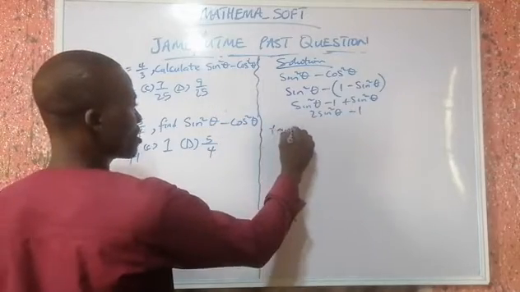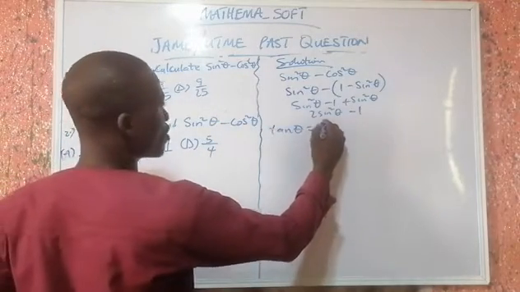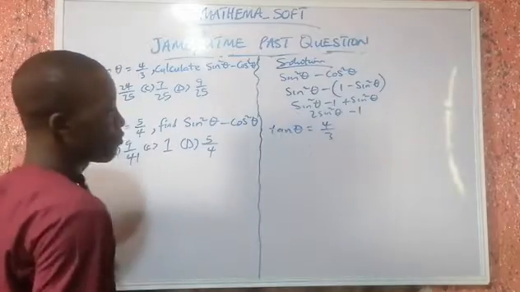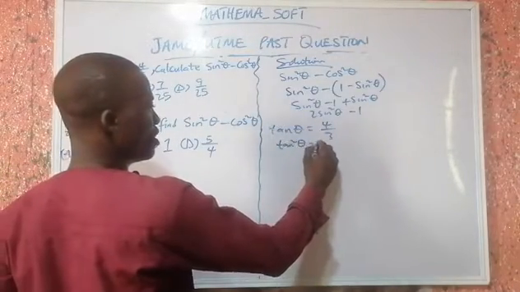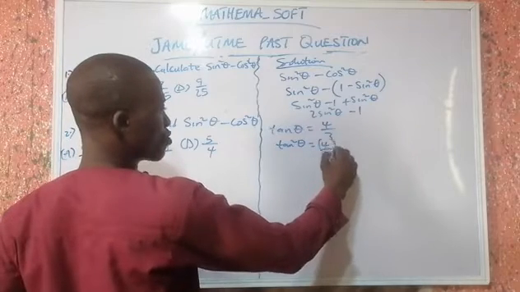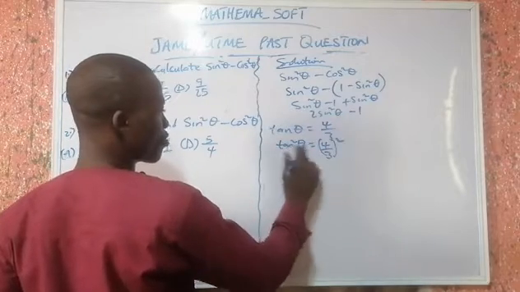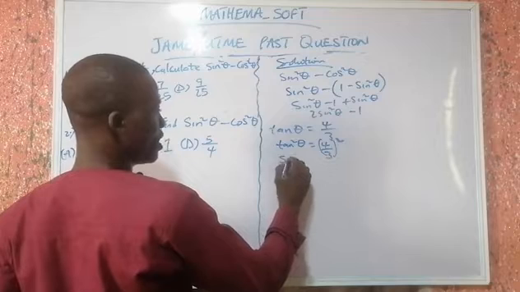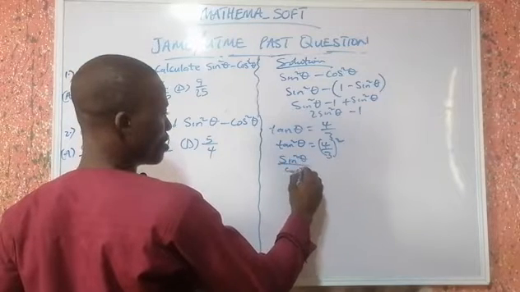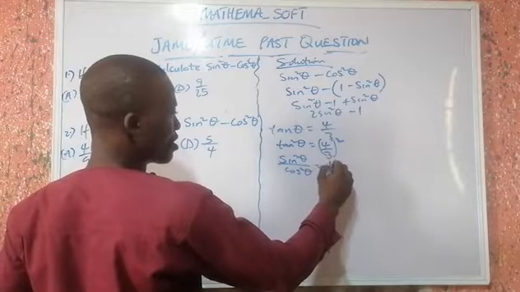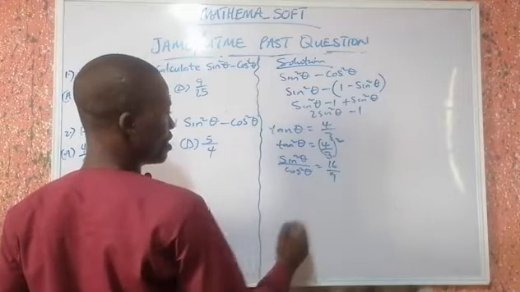So let's do that. We have tan theta equals 4 over 3. So my tan square theta will be 4 over 3 squared, and I know that tan square theta is sine square theta over cos square theta, which will now be 16 over 9.